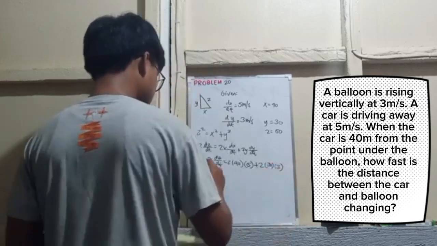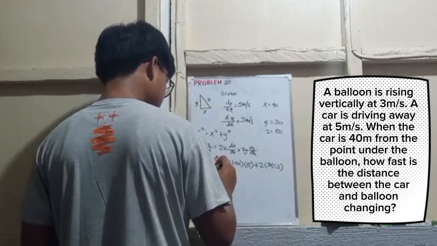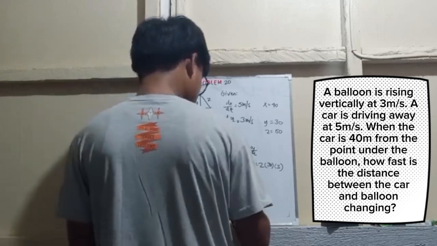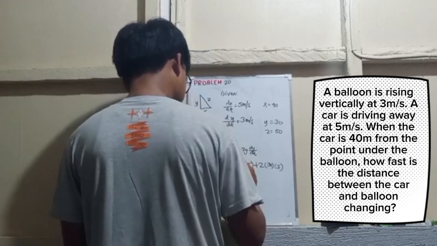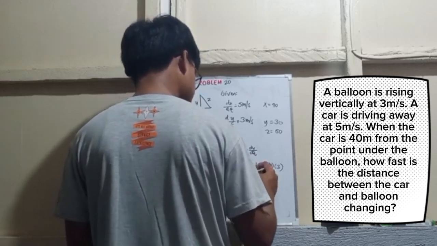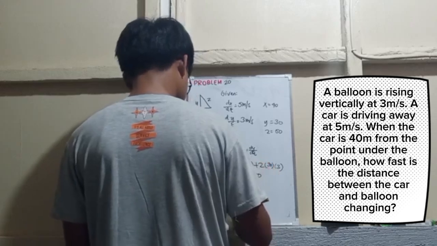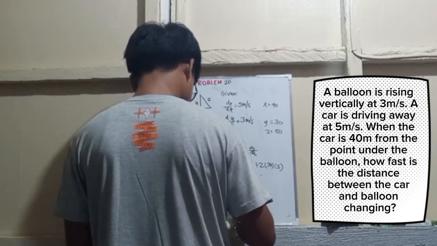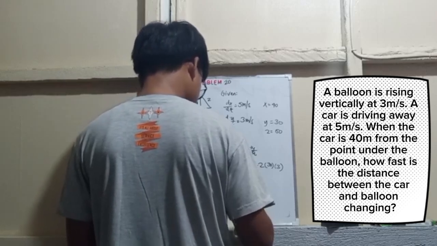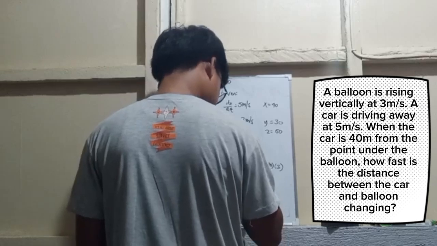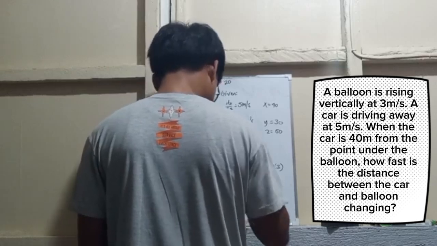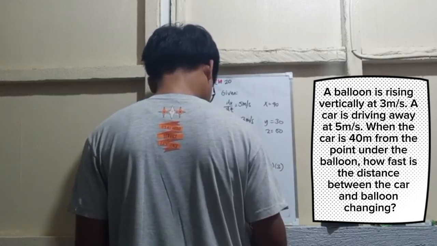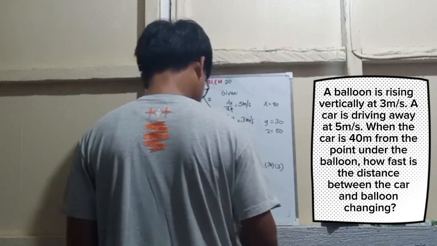Then solve. 100 dz/dt = 400 plus 180. 100 dz/dt = 580, divided by 100, we'll get the value of dz/dt as 4.9 meters per second.